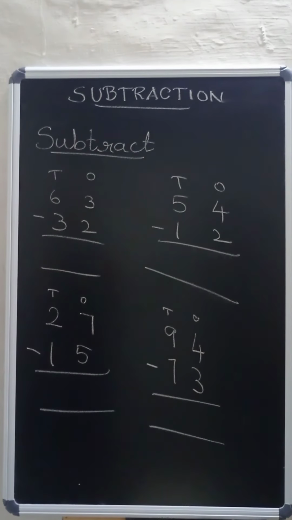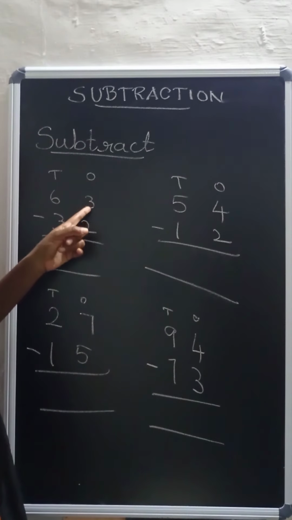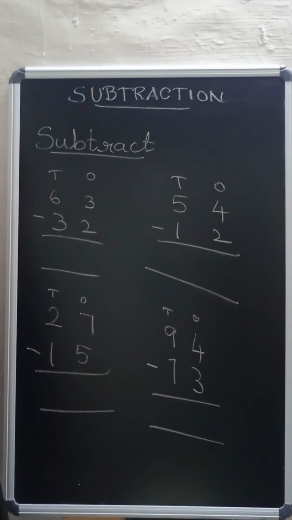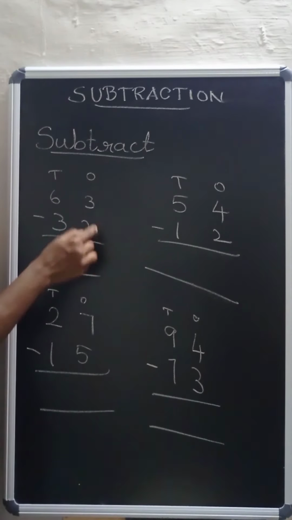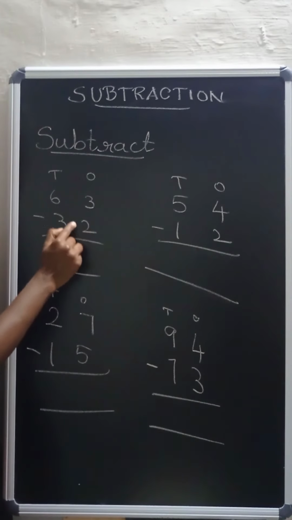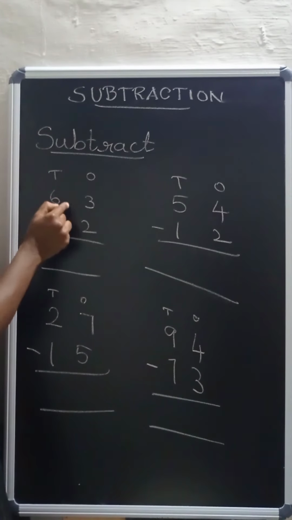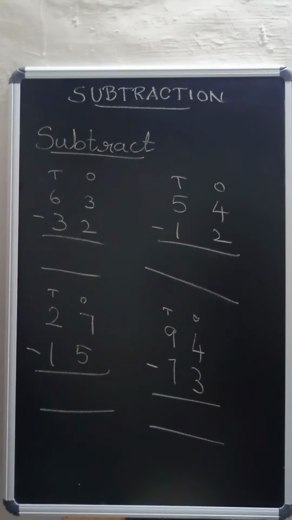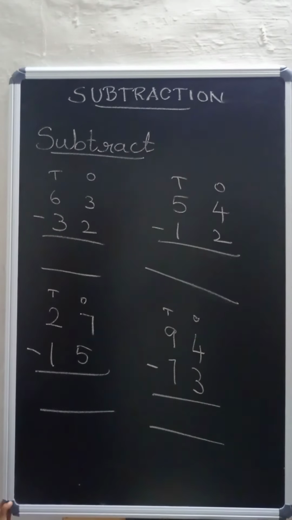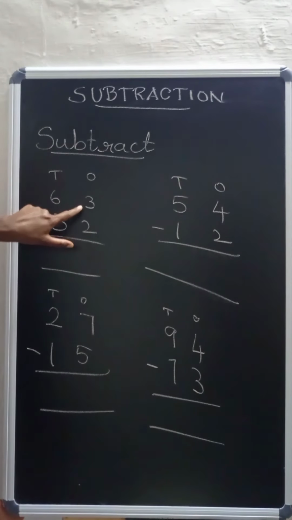Next, we are going to see subtraction of 2-digit numbers. Now, see here, this is ones place and this is tens place. So, there are 2 digits. Now, we are going to do 63 minus 32. So, first we are going to subtract the number in the ones place and then we proceed on to subtract the tens place. First, 3 minus 2.